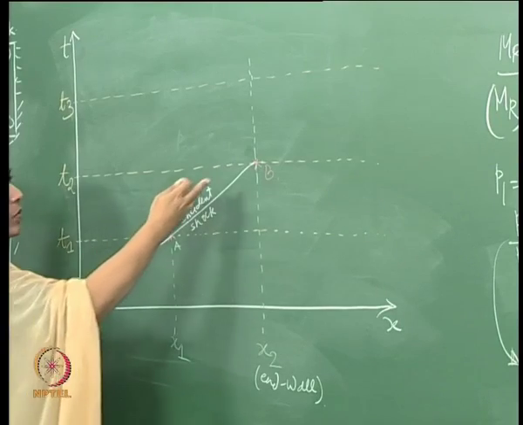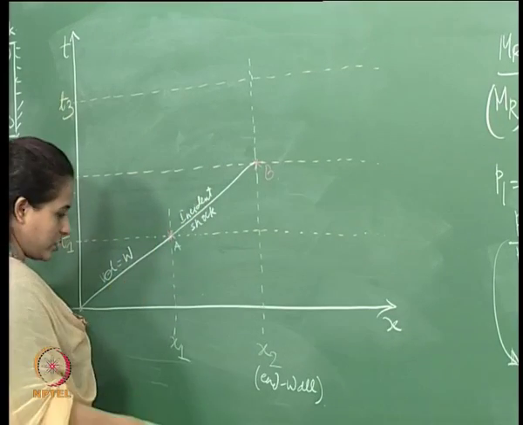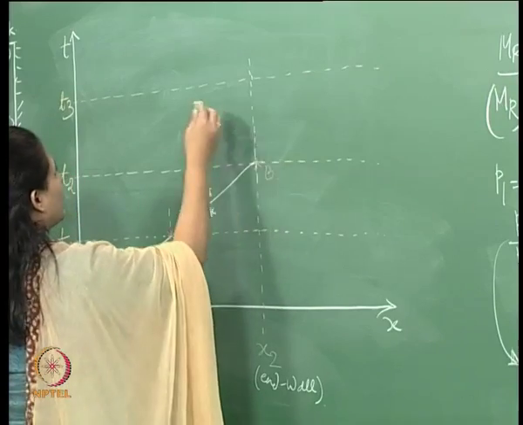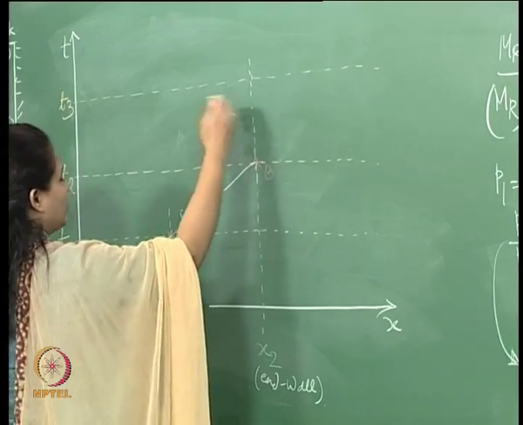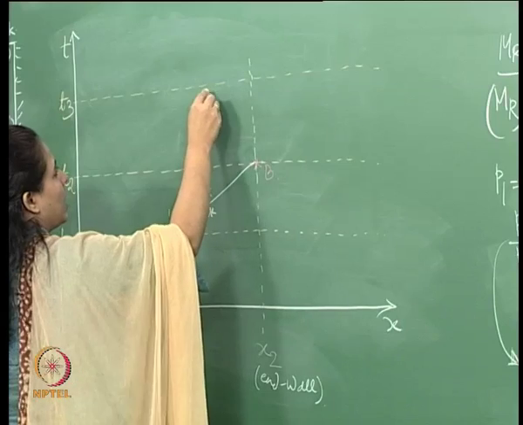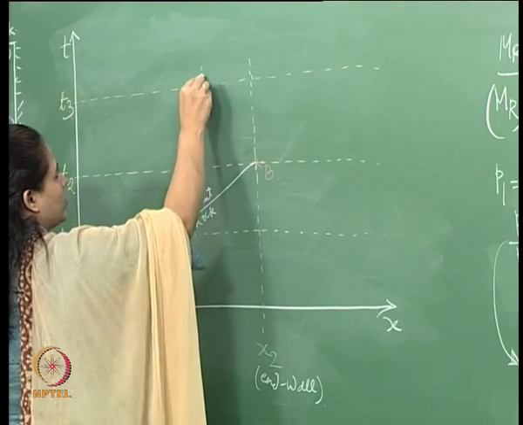Therefore the slope of that is going to be different. So say it travels by some distance, which is here.